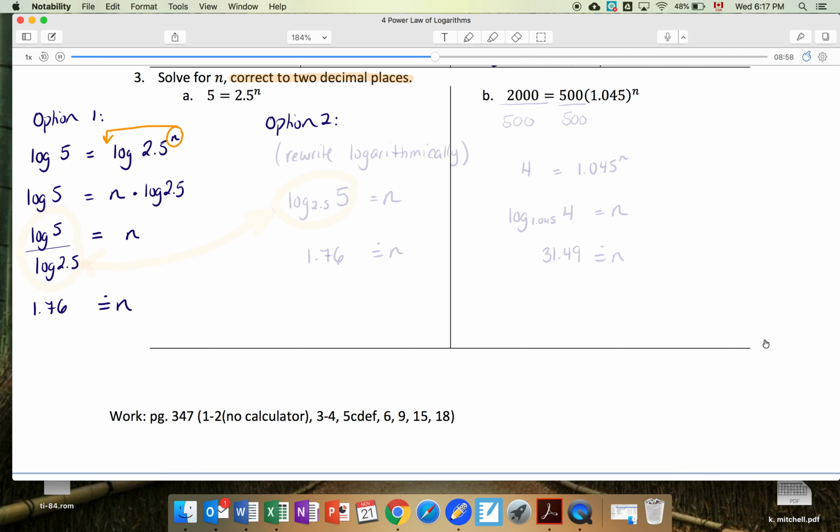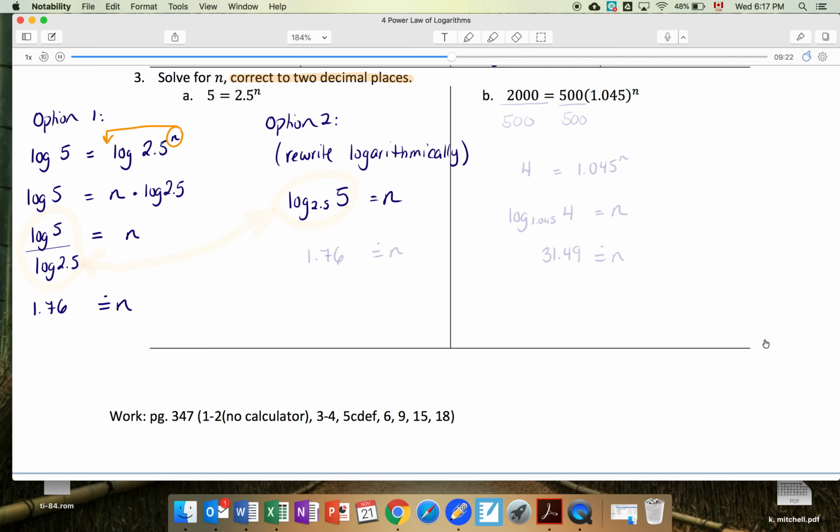Okay, and again, that's the longer way to go through and do this. The faster way to do it would be, let's rewrite it logarithmically. So it's presented to us exponentially. We're going to rewrite it logarithmically. So that's going to look like, I have log base 2.5 of 5 equals n.